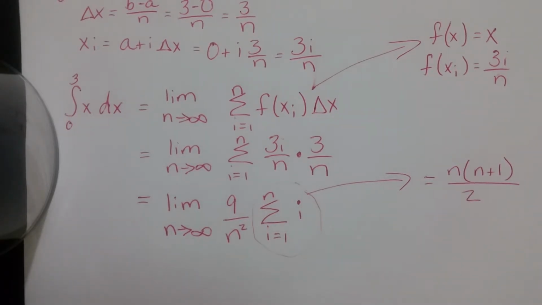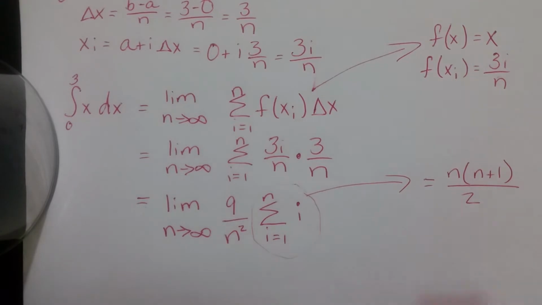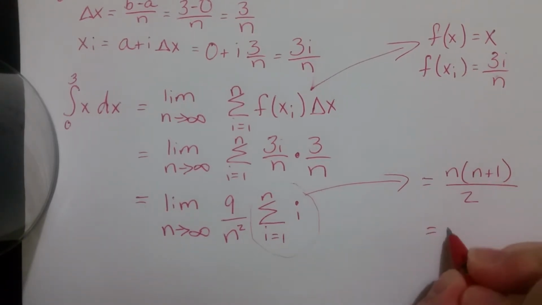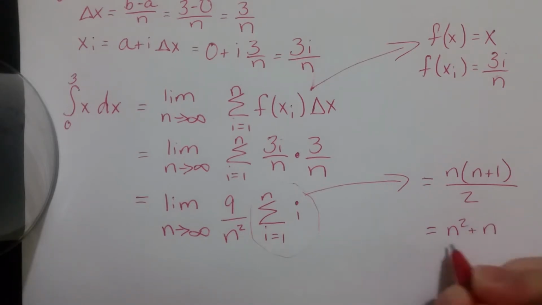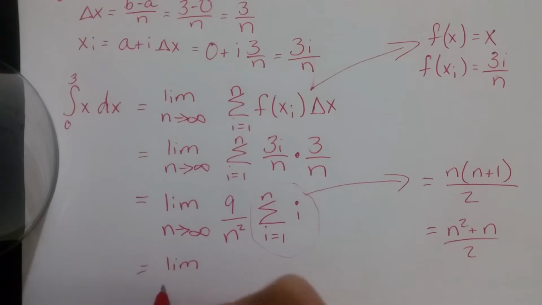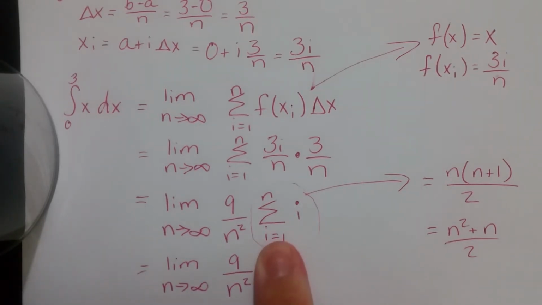Okay, so let's just expand that as we're looking at it. So it's n squared plus n over 2. So now I'm going to have the limit as n approaches infinity. I have 9 over n squared, and then this whole thing equals this thing.